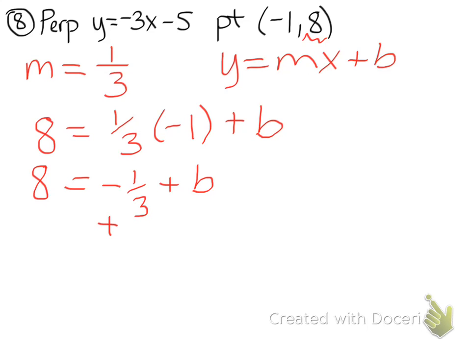Now we're going to add 1/3 to both sides. And I'm going to change this to an improper fraction. So that's going to look like 25/4 is going to be our b value.